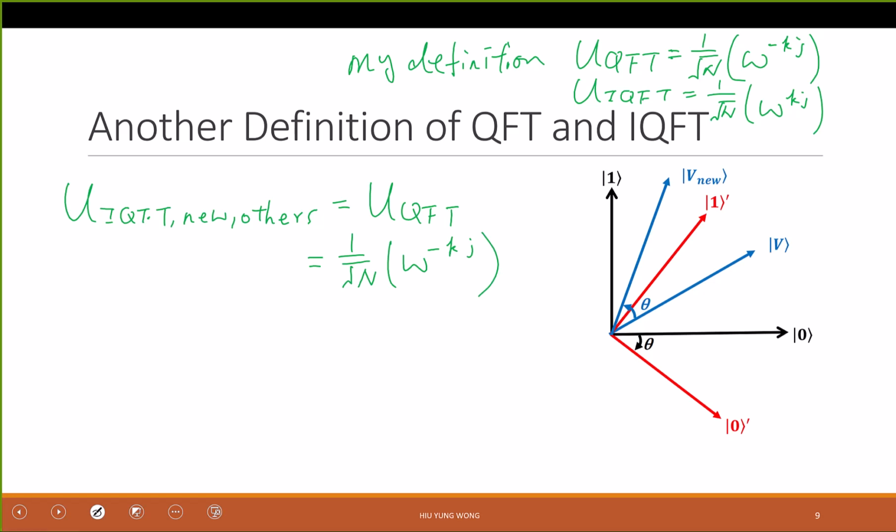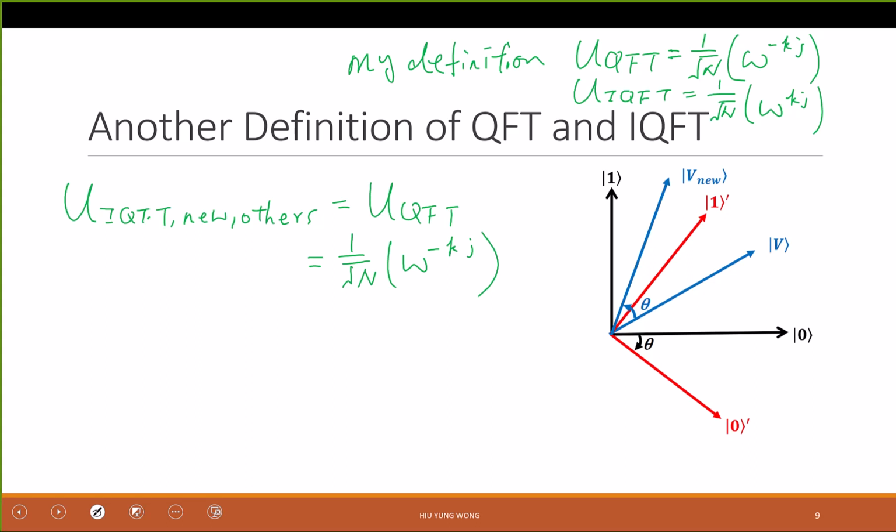So what I call quantum Fourier transform, some people might call inverse quantum Fourier transform. I think in Qiskit, that is what they do. When you look at an algorithm, my textbook might say it is doing quantum Fourier transform, but in Qiskit it is called inverse quantum Fourier transform. So it's just a naming issue.